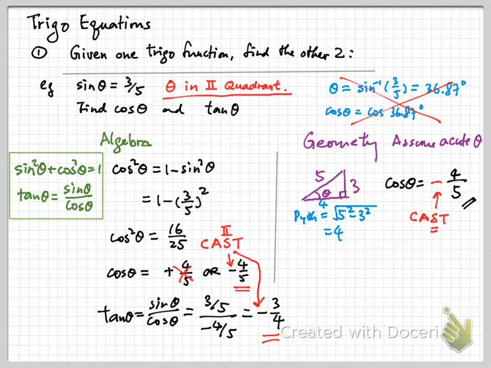Alright, and likewise from the same right angle triangle, we obtain tangent will be 3/4. And then from the CAST, in the second quadrant, tangent should be negative. So we put back the negative sign here. Alright. So this is how we use geometry. We assume it is an acute angle, alright, and then we draw the corresponding right angle triangle, and finally use CAST to decide the plus and minus. Okay.